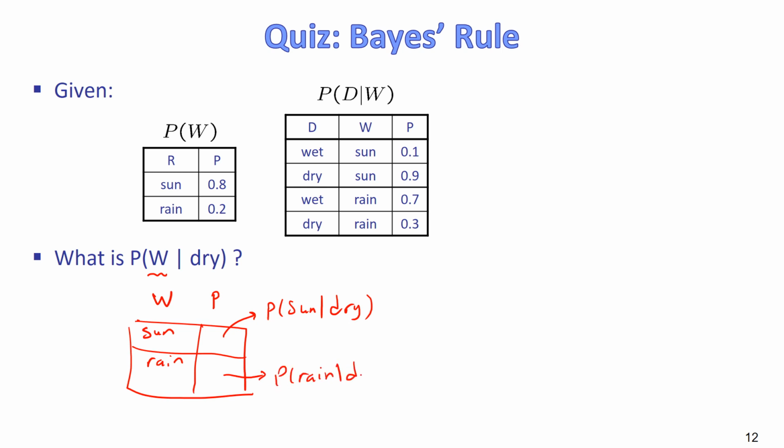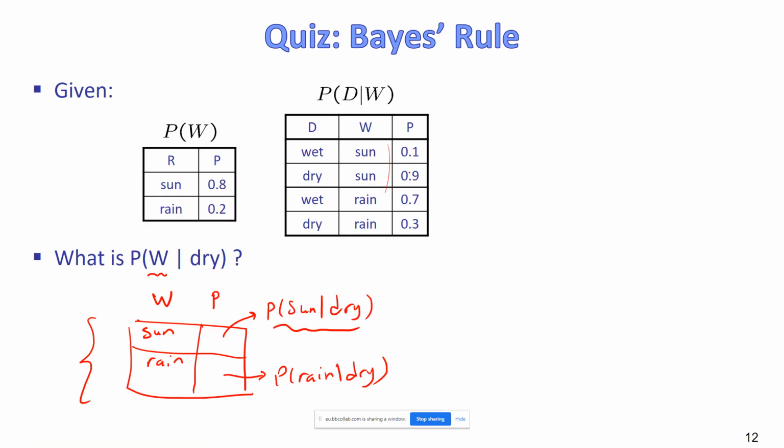That's what we mean by probability of W given dry. These are the two conditional probabilities, and as a whole this is a conditional distribution now. How can we compute the probability of sun given dry, given that we have the marginal distribution of W and the conditional distribution of D given W?